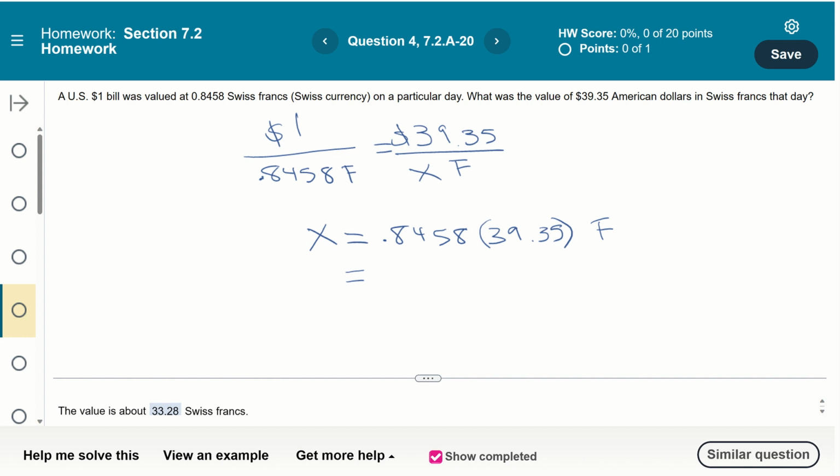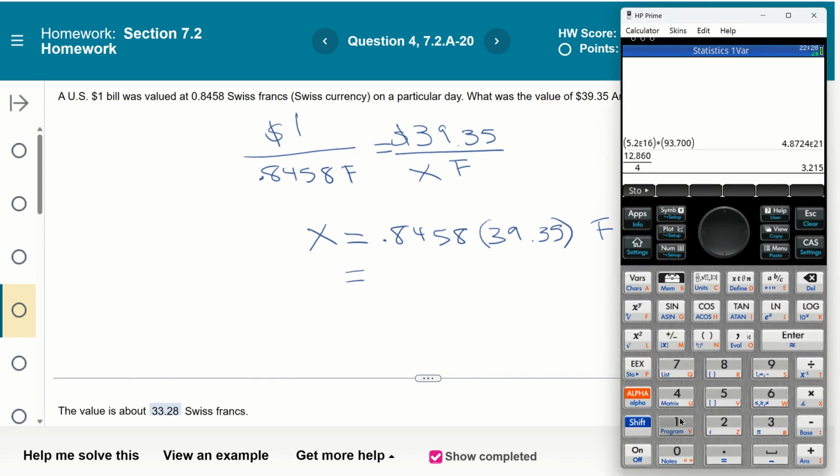So we just go ahead and take care of that multiplication. 0.8458 times 39.35.